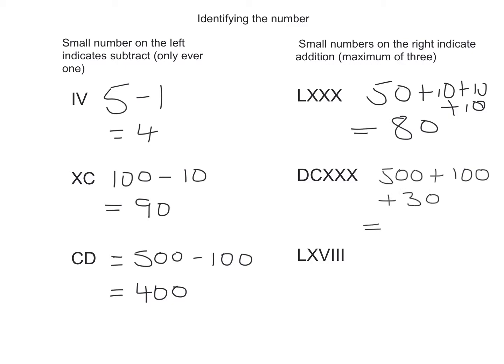That gives us 630. With LXVIII, we know that L is 50. We know that X is 10. We know that V is 5. And we've got 3 ones after that. So that's 5, 6, 7, 8. So we just put an 8 down over here. If I add all of those up together, I get 68.